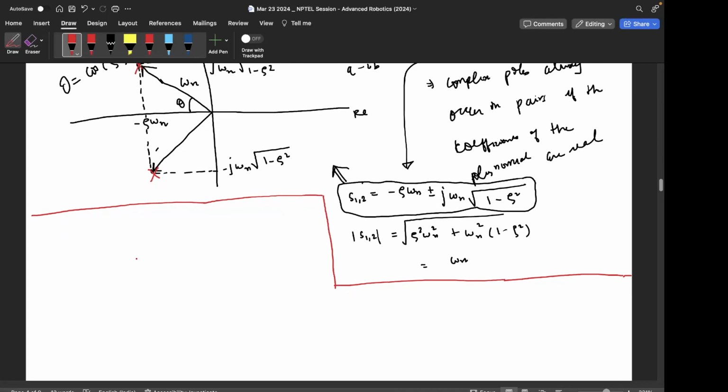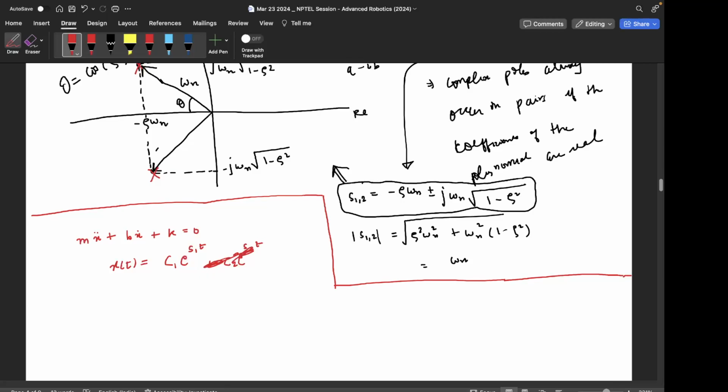What we had seen in the last class is that the solution to homogeneous second order differential equations like these, we wrote as x(t) equals c1 e to the power s1t plus c2 e to the power s2t.